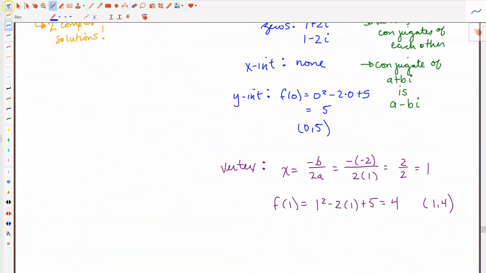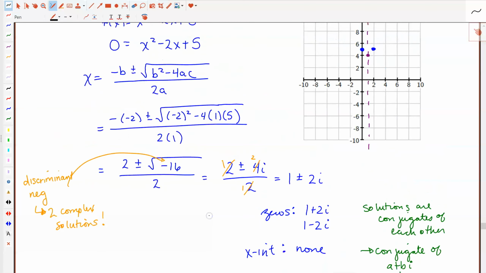So coming back down here, maybe we'll try an x value being 3, so that'll be 3 squared minus 2 times 3 plus 5, so that's going to be 9 minus 6 plus 5, or 3 plus 5, which is 8. So then that gets me the ordered pair 3, 8.